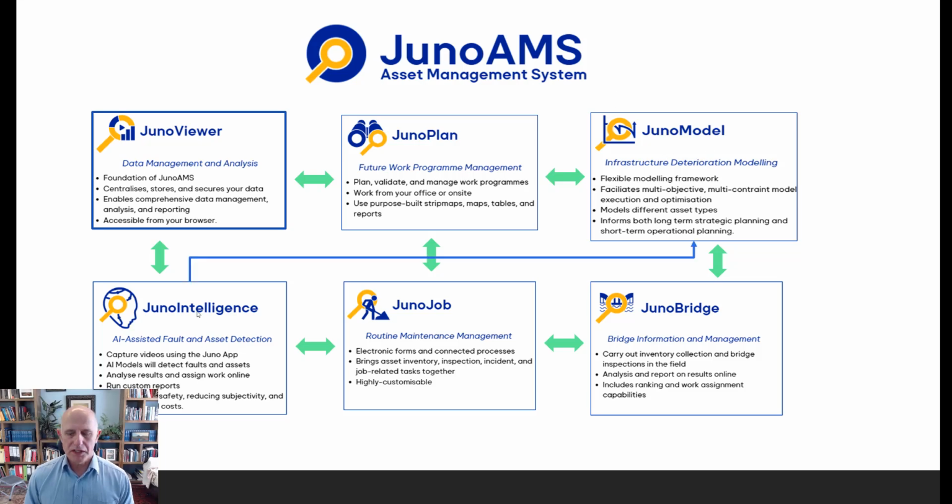Very important is that the information from Juno Intelligence, such as the stresses, etc., is frequently used inside Juno Model, and that is one of the key advantages of using this Juno AMS ecosystem, that you get the benefits of the various modules.